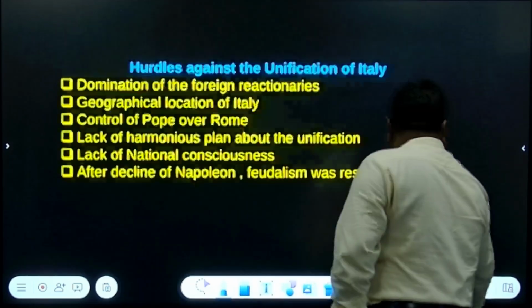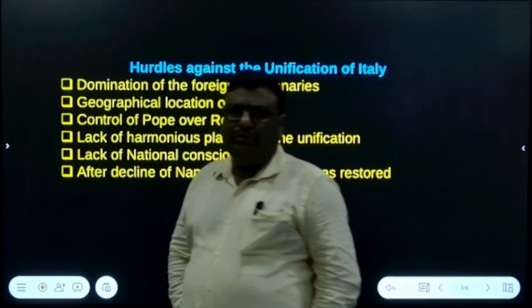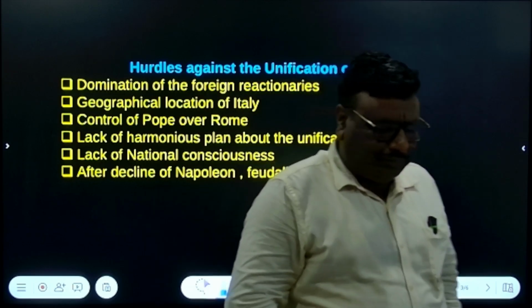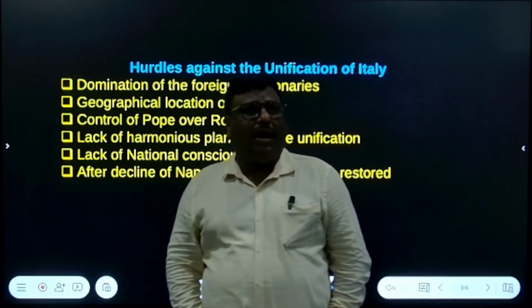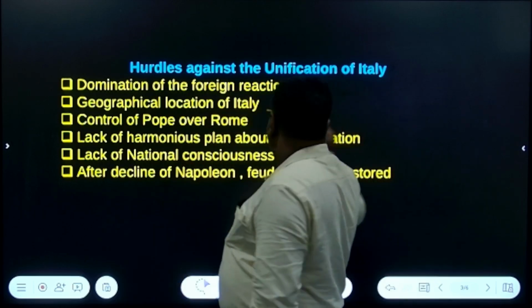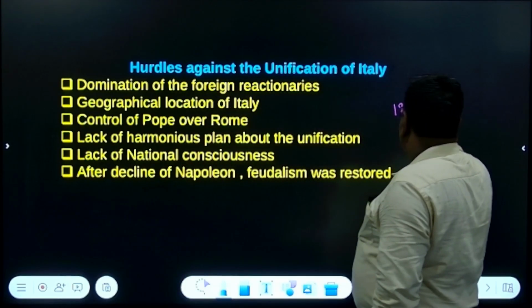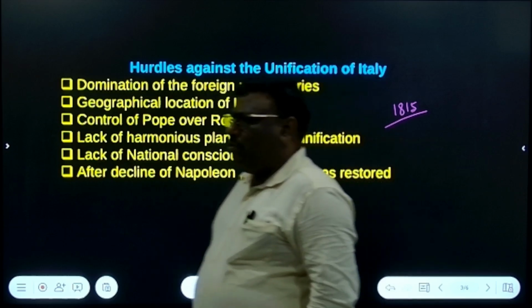In this way, Italy was divided into several parts. The Treaty of Vienna, or you can say the Vienna Conference of 1815. Many times I told you.